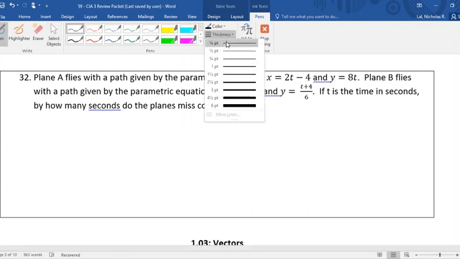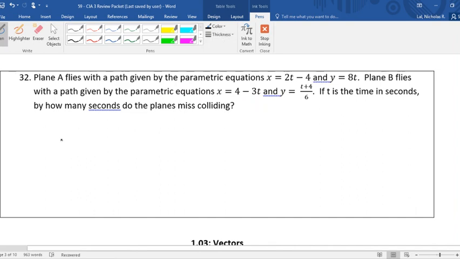Okay. So here's what we have to do. First, we need to find some information about plane A, and we're going to find some information about plane B. If x is equal to 2t minus 4, that means (x plus 4) over 2 is equal to t.